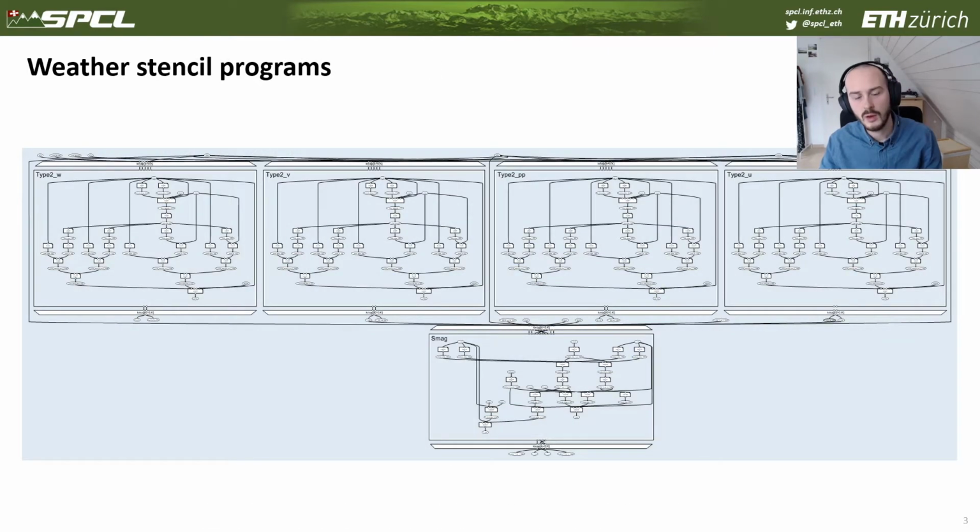Now the observation that went into this is that if we look at these weather simulation codes, they consist of a lot of different components, but a major one of these components are large stencil programs such as this one, where a lot of heterogeneous stencil operators compute on a lot of different inputs with complex dependencies between them.